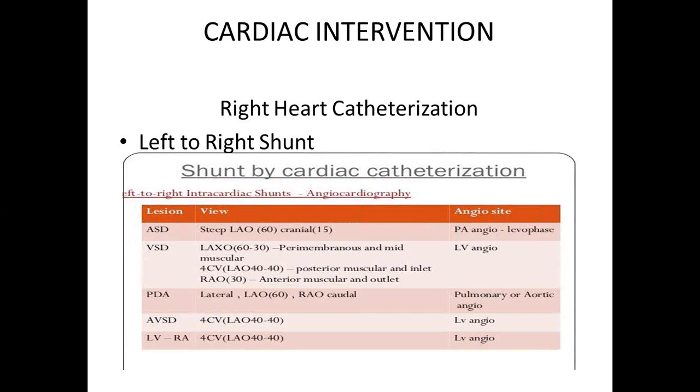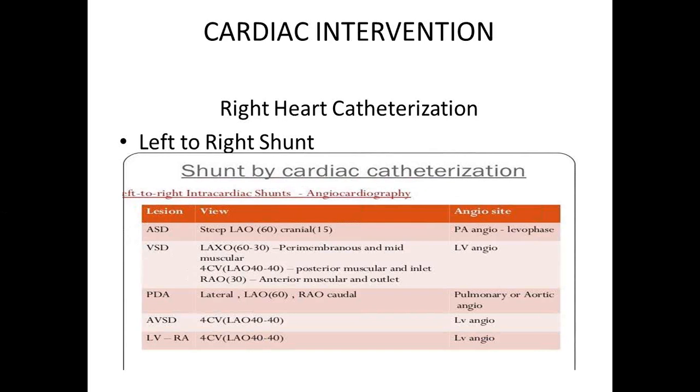We usually use a pigtail catheter, gets into the left ventricle, and we can use our LAO view or RAO, right anterior oblique view, or we can use your left anterior oblique 40 degrees. We'll demonstrate these views because it might not mean anything to you right now, but it's how you handle the camera over the patient.